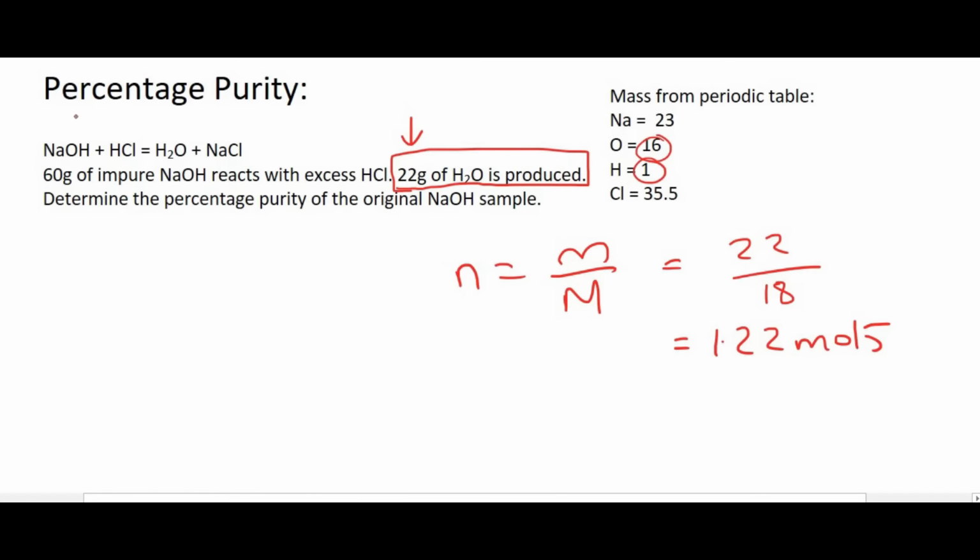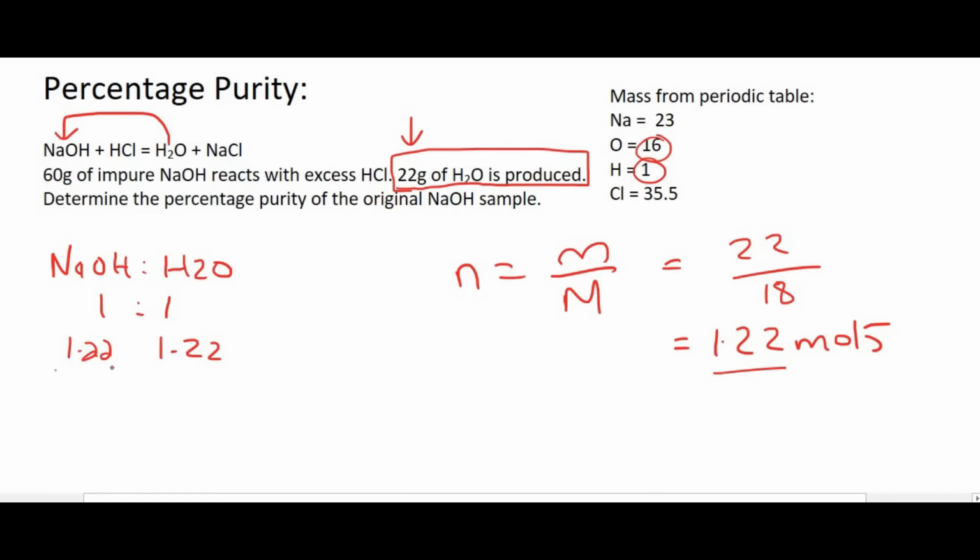Now the mole ratio between water and NaOH is 1 to 1. So I can say NaOH to water is in a 1 to 1 ratio. If I have 1.22 moles of pure water, how many moles of pure NaOH would I have? 1.22 moles.